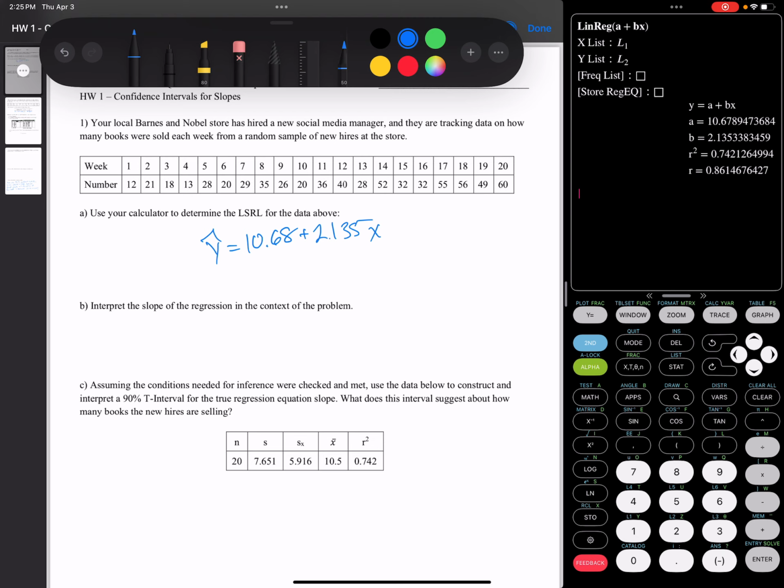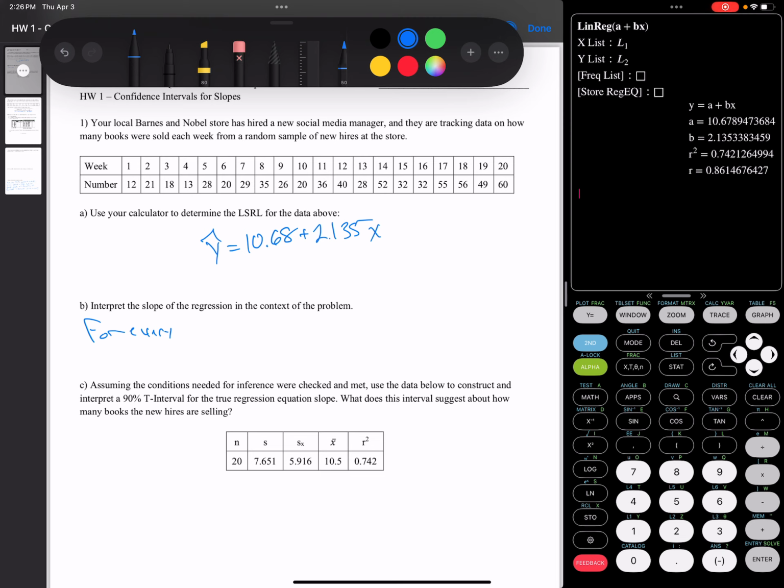Okay. So now interpret the slope. This is a script you can follow from the notes. When it says interpret the slope in the context of this problem, they're asking for every x that increases, what's happening with the y? So it's super simple. In this case, what's changing with our x?